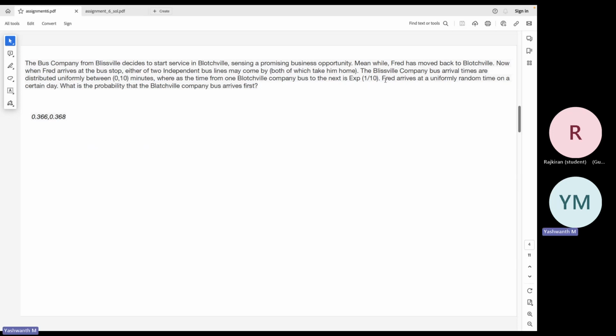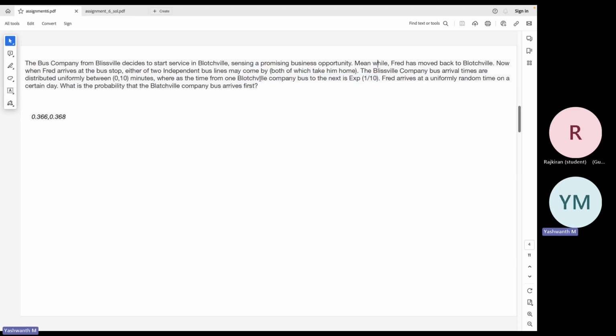Okay, so basically Fred arrives uniformly randomly at a time. What is the probability that the Bloshville company bus arrives first? All you need to remember is that the time of arrival of Bloshville is an exponentially distributed random variable, exp of lambda, which is 1 by 10 here.